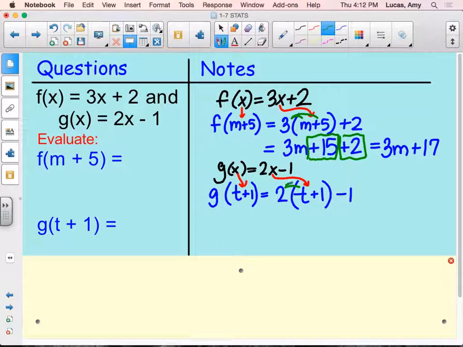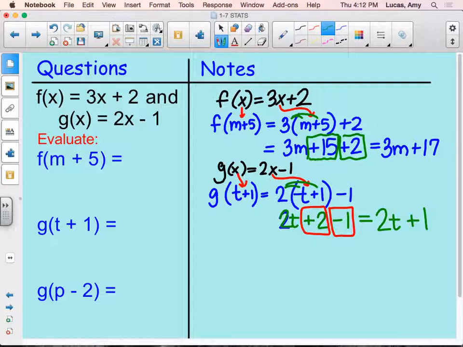Now distribute. 2 times t is 2t, plus 2 times 1 is 2, and then minus 1. Combine the like terms. Positive 2 combined with negative 1 is going to give us 2t plus 1.